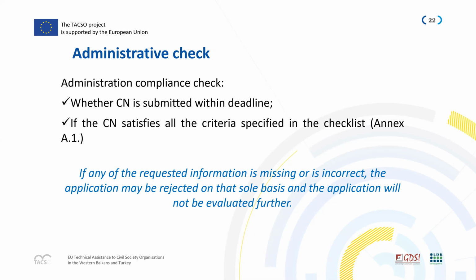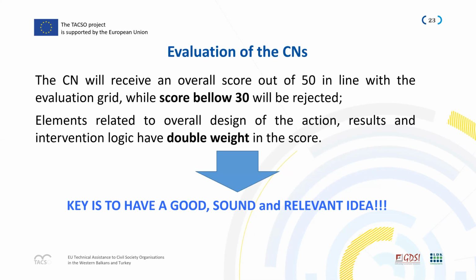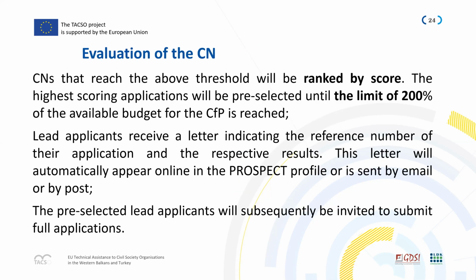And these are the reminders for final checks before the submission of your application. And then there was this whole part about the evaluation of the concept notes concerning the highest scores that you can receive, and the minimum requirement, but the possibility that the minimum will not be 30 in case of good quality of the concept notes, it can be much higher.